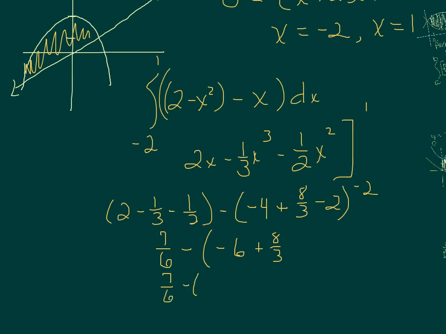Wait, I did something wrong. -4 plus 8/3 minus 2. Maybe it was over here. 12/6 minus 2/6. I got 35 over 6. No, that'll be right, because then you'll add the 7/6 minus 3/6.